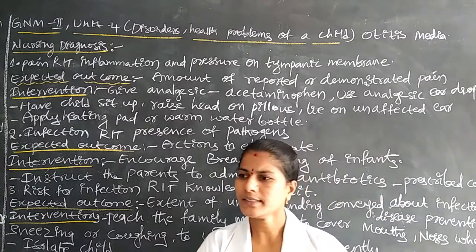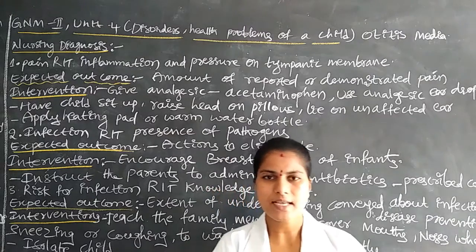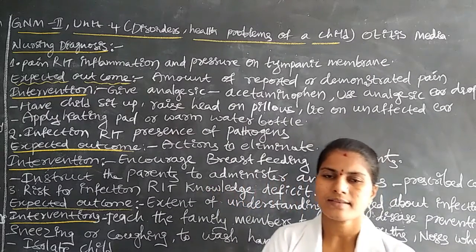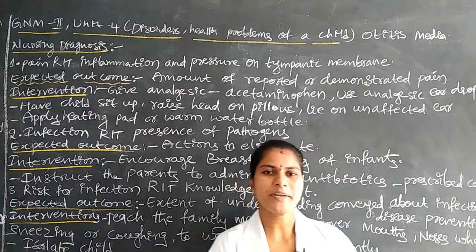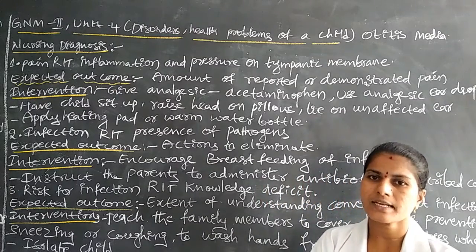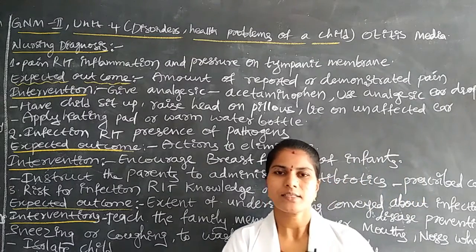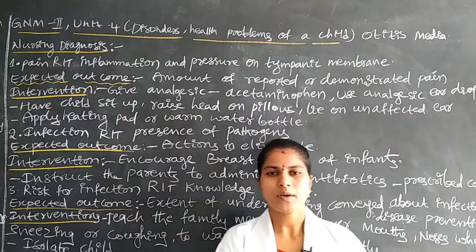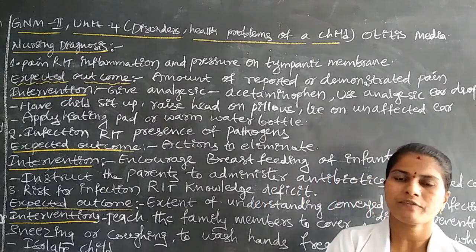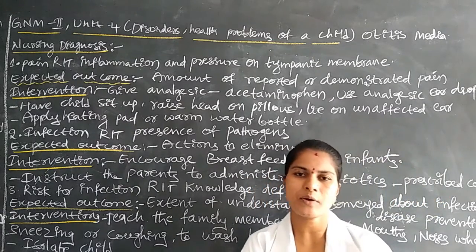After that, we gather some information regarding the child's disease condition. In that, we have to do the physical examination of the child. In the physical examination, any structural abnormalities in the ears will be identified. If the child is able to give information, we collect it from him.